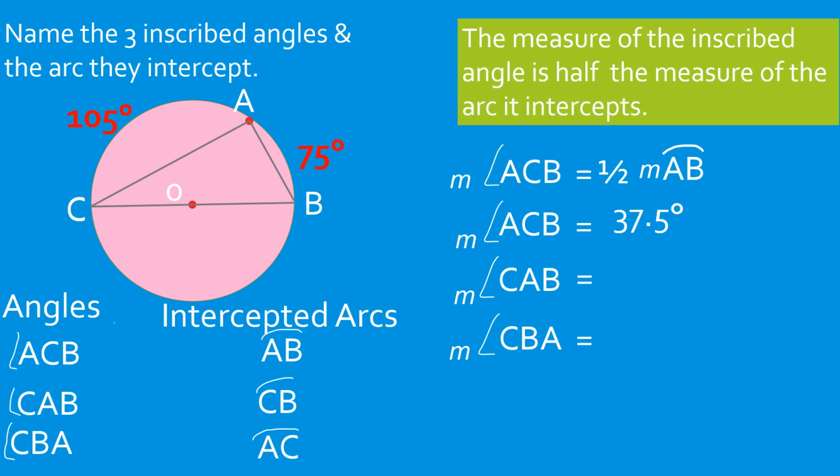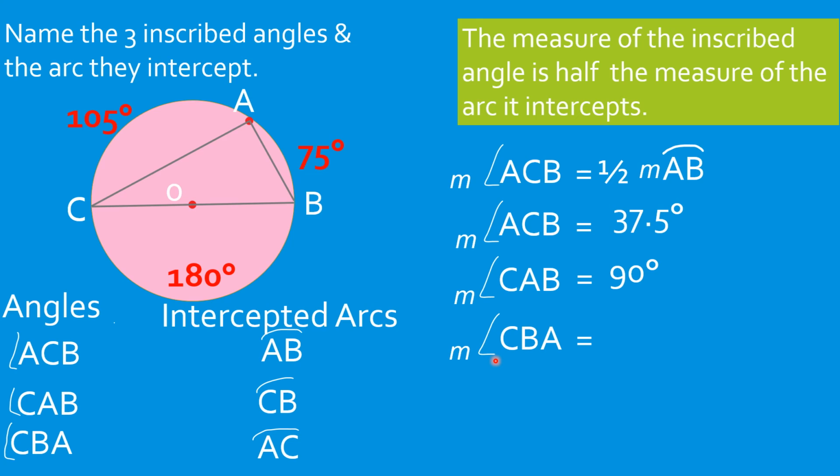Now, what is the measure of angle CAB? So, if this is half of the circle again, a semicircle, it means this is 180 degrees also. And therefore, the measure of angle CAB is 90 degrees. This is this angle because the arc that intercepts that angle is arc CB.